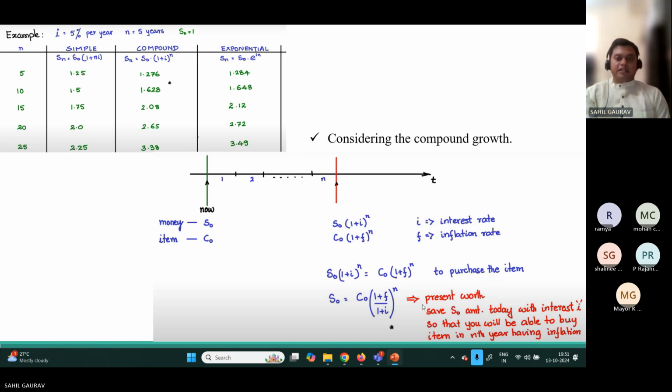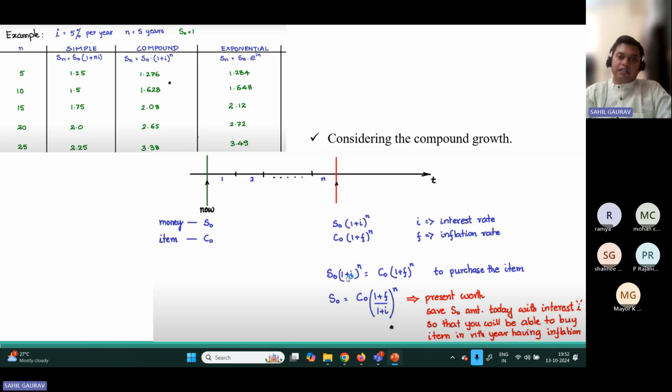Now it should be the same to purchase the item. So whatever the inflation rate and whatever the future worth of that item, we should have the same value of money today, such that we can save that money and purchase the item at a later period of time.